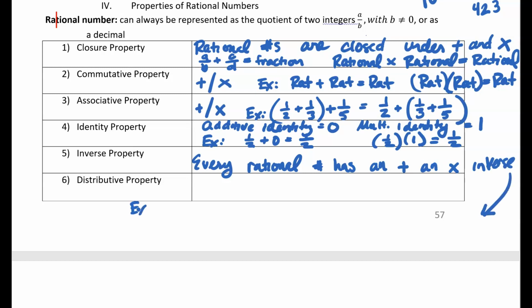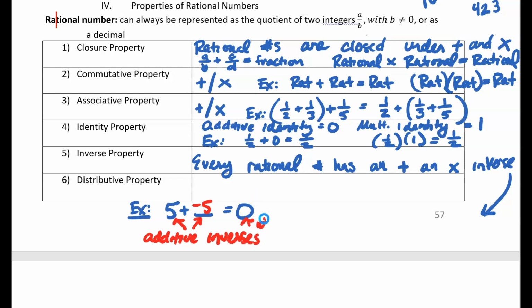So for example, the additive, we could say 5 plus what is equal to 0. The additive inverse of 5 is -5. So these are additive inverses. And the reason is because they add together to give the additive identity, which is 0.